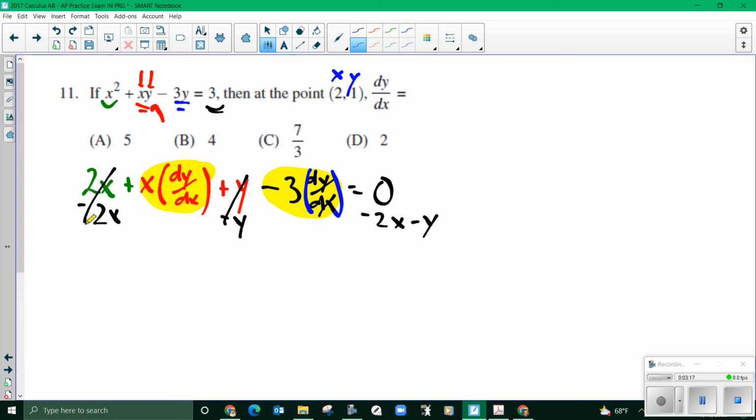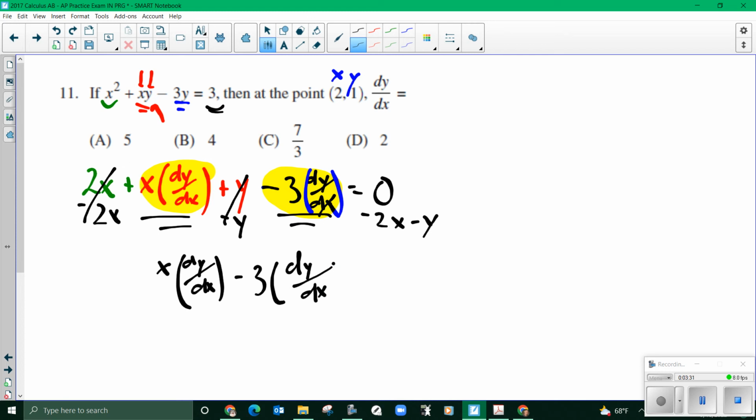Boom, bang, done. So I've got x dy/dx minus 3 dy/dx equals negative 2x minus y.